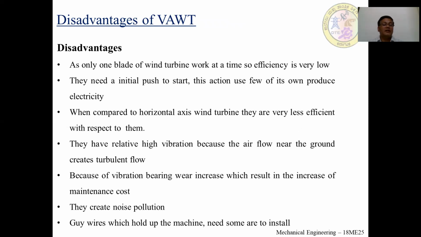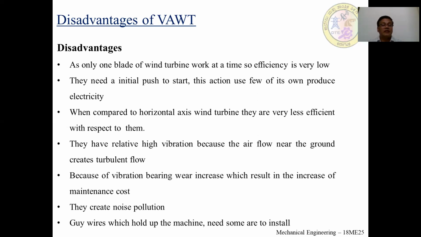And the second disadvantage is they need an initial push to start. This action uses fuel or its own produced electricity, right? So to start the setup, to run the wind turbine, initially energy is required. That is also a disadvantage.